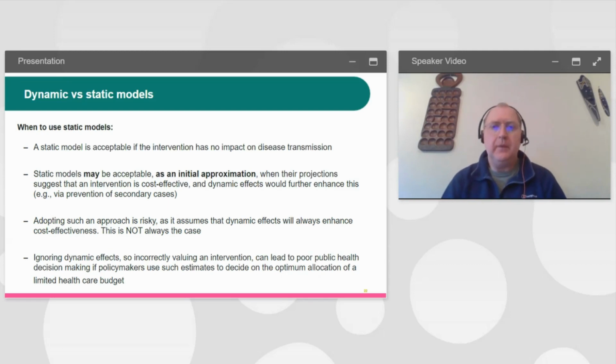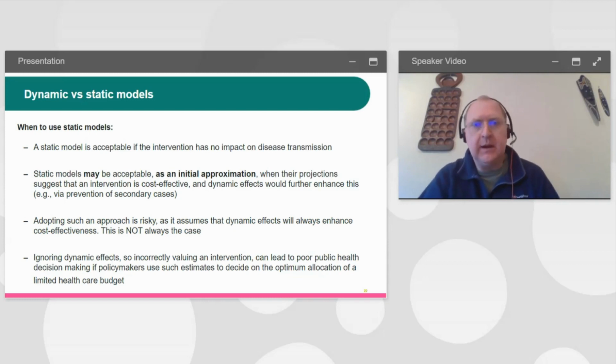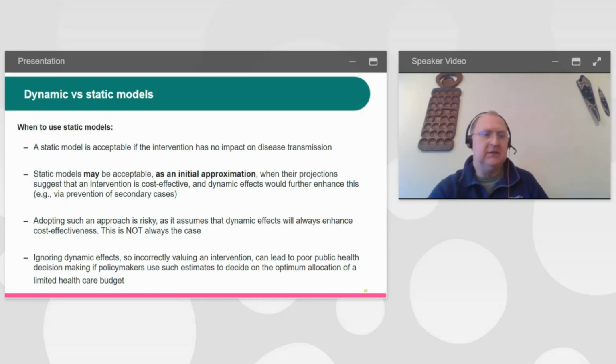Okay, so when would you use a static model as opposed to a dynamic model? Static models are generally thought to be acceptable if you're looking at a circumstance where an intervention has no impact on disease transmission. That might be because an age group that has this disease doesn't play a role in the onward transmission of disease, for instance.